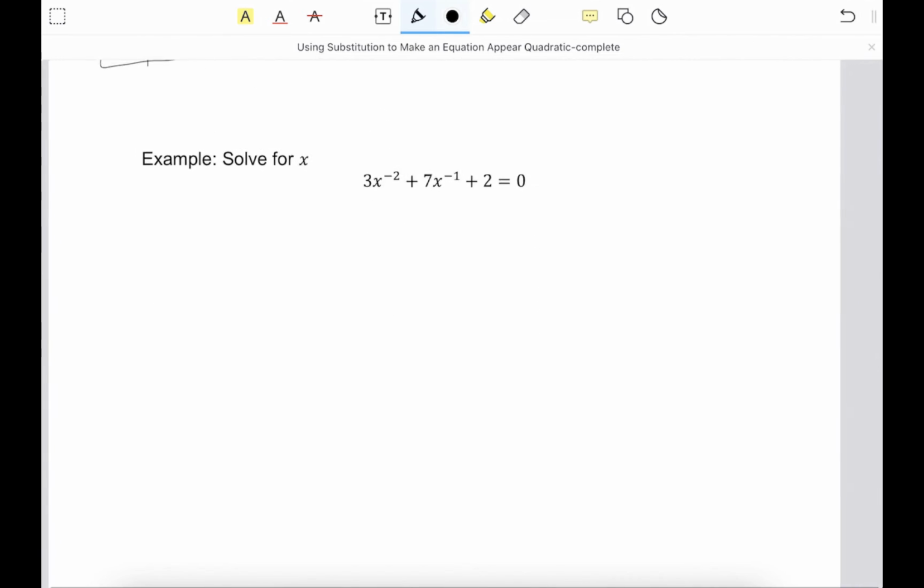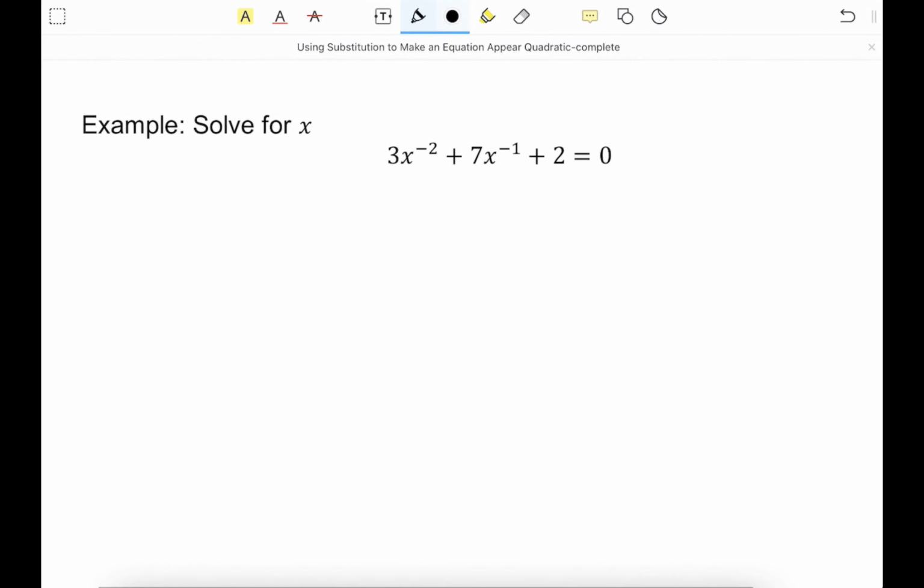Here's another example. We have 3x to the negative second plus 7x to the negative first plus 2. And if I would let u equal x to the negative first, we can see that x to the negative second is just double negative 1, so it's x to the negative first squared.